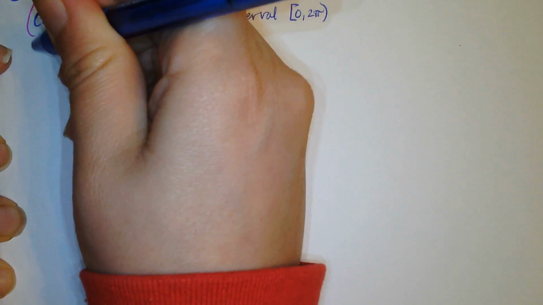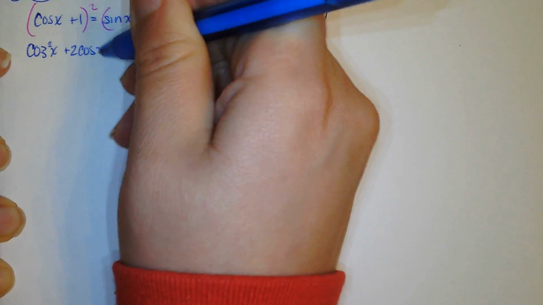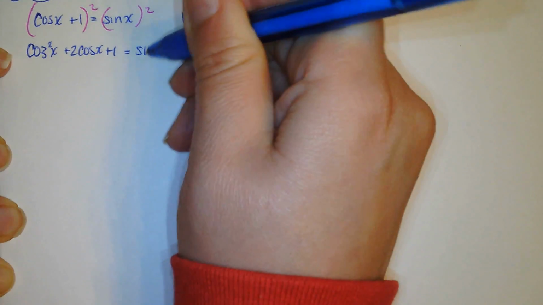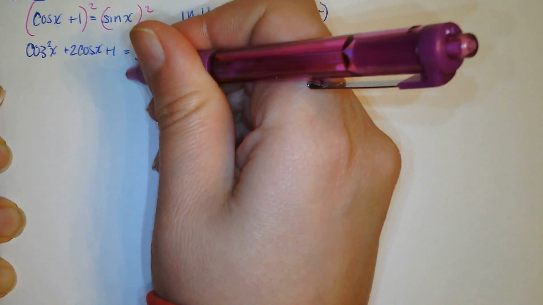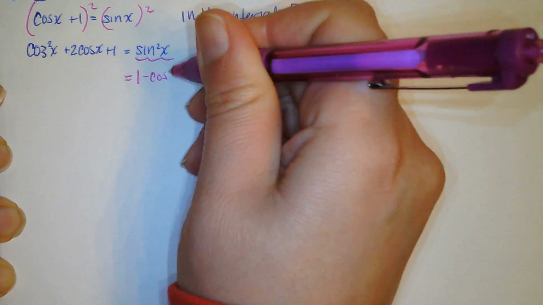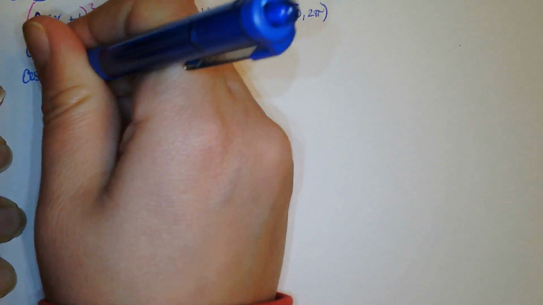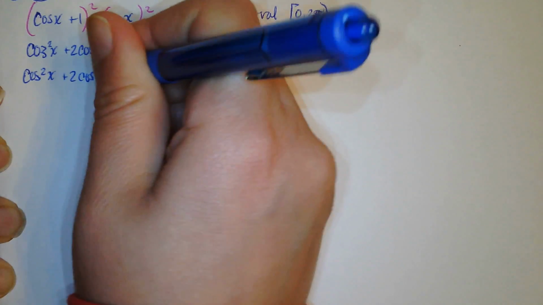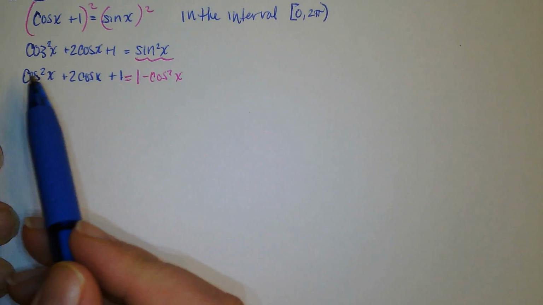If I FOIL the left, cosine squared x plus 2 cosine x plus 1 equals sine squared x. And from the above equation, I know that I can replace sine squared x with 1 minus cosine squared x. Now I'm all in terms of cosine.